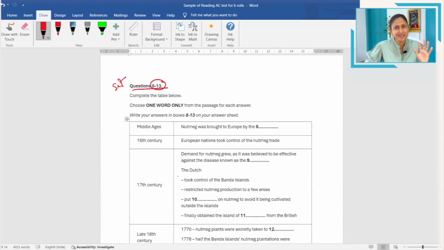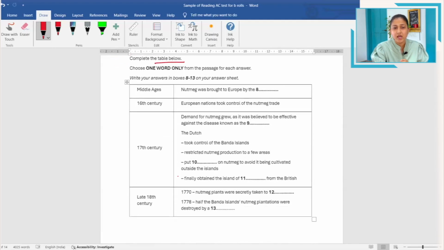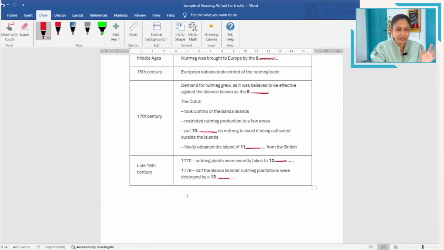This gives a feeling that this is the last set for this passage because the 13th question is already written in the instruction. It says you have to complete the table below. A table is given and there are some blanks from question 8 till 13, for which you have to find the answers from the passage and write them.